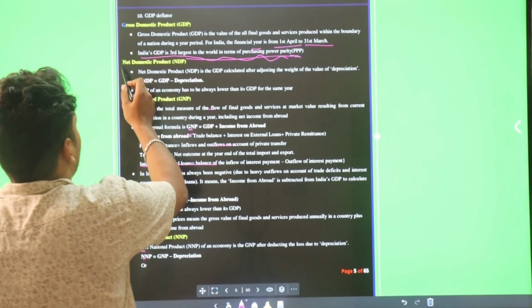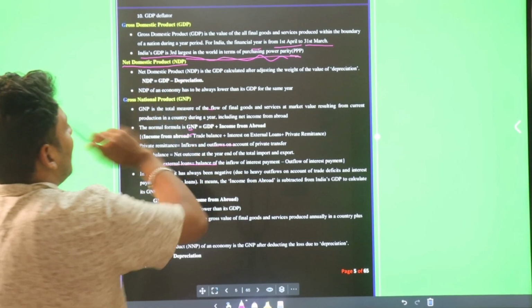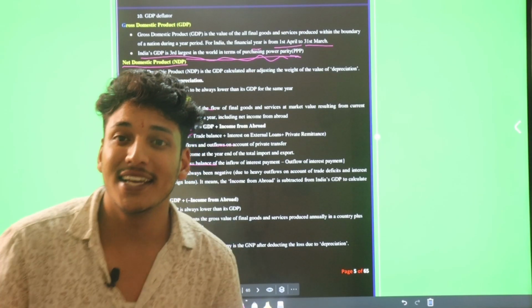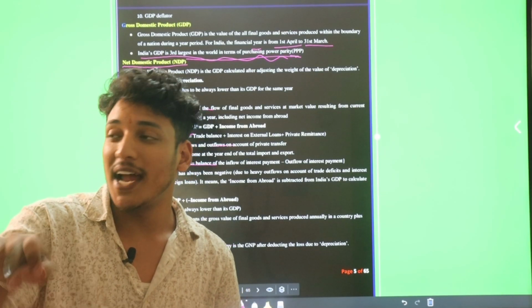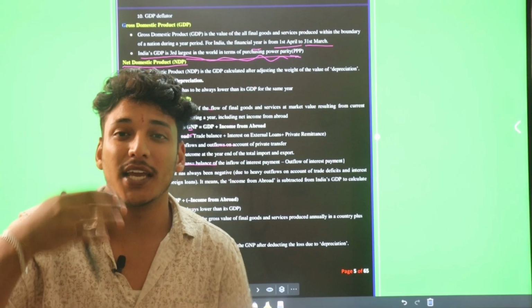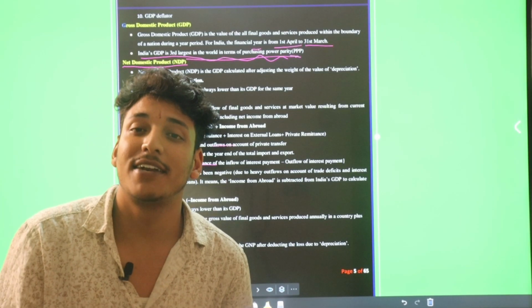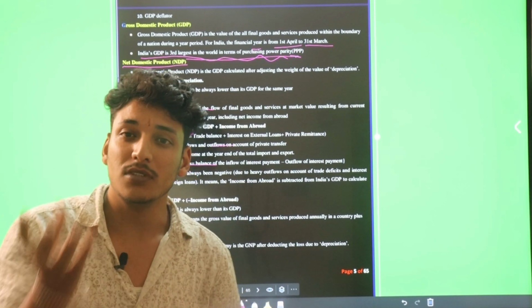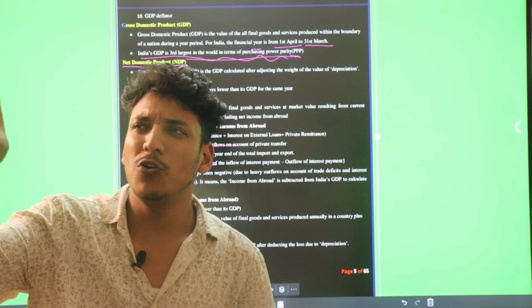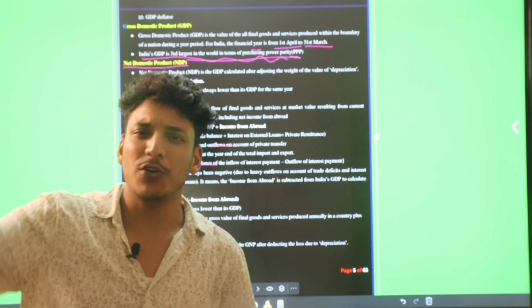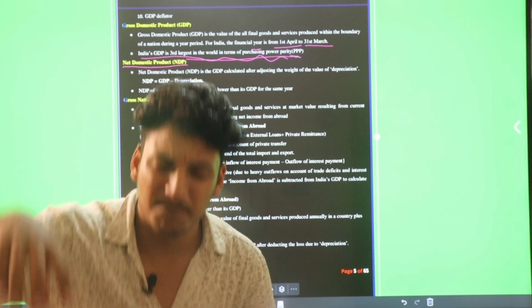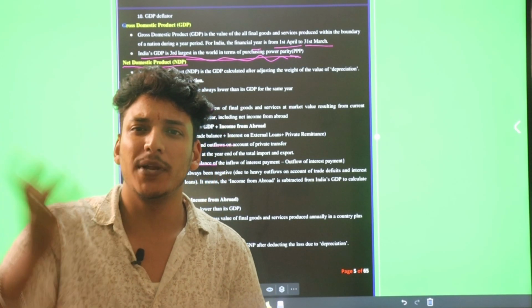Now net domestic product. Basically, net domestic product is the income that will come into your hand after depreciation. Depreciation means how much the value of money decreases in a particular period of time.